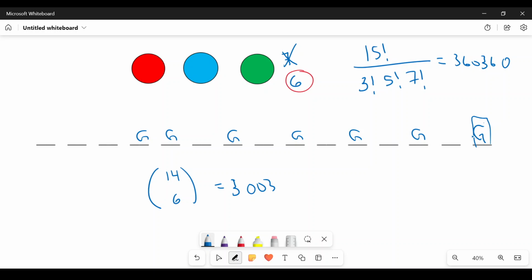Once I've done that, no matter how they're arranged, there's going to be 1, 2, 3, 4, 5, 6, 7, 8 positions left to consider. Now I'm thinking about those 8 positions and the fact that I still don't want this one to be a red marble, because if it's a red marble, then the blue marbles got finished first.